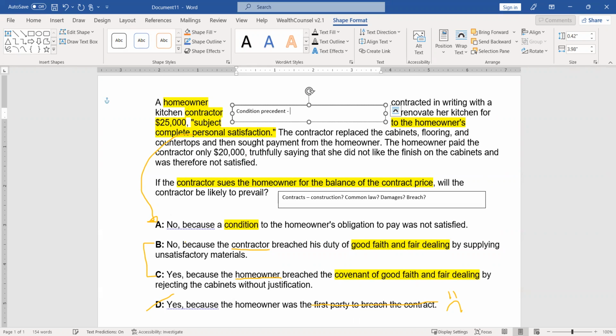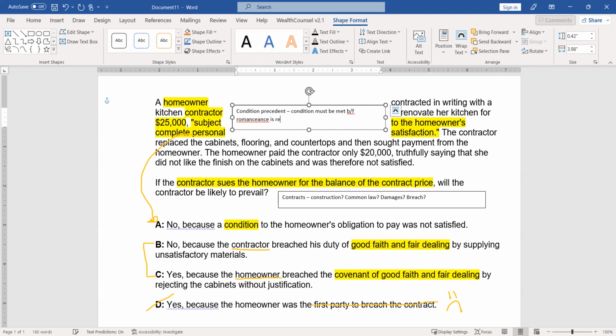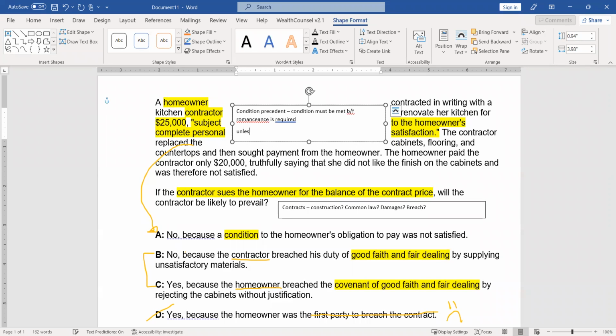And the rule is the condition must be met before performance is required, unless, and this is the exception to the rule, unless the condition is excused.